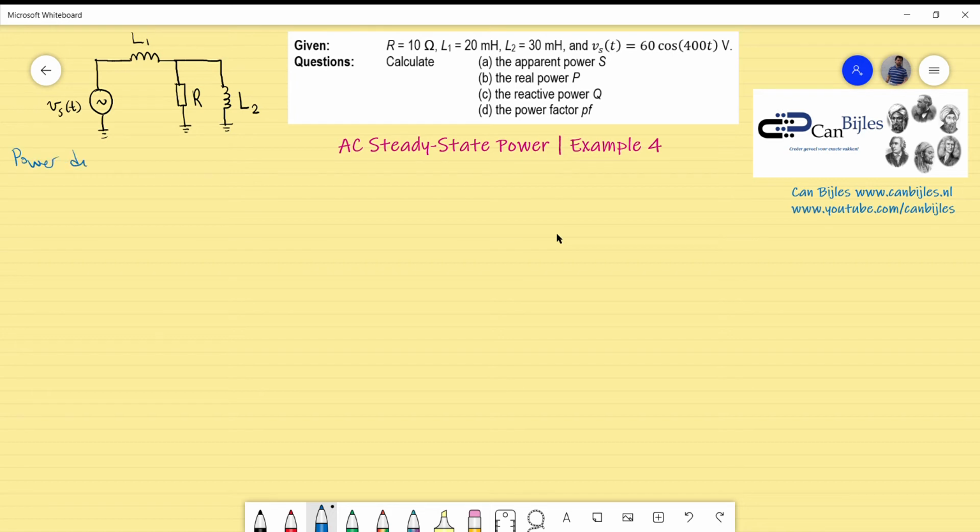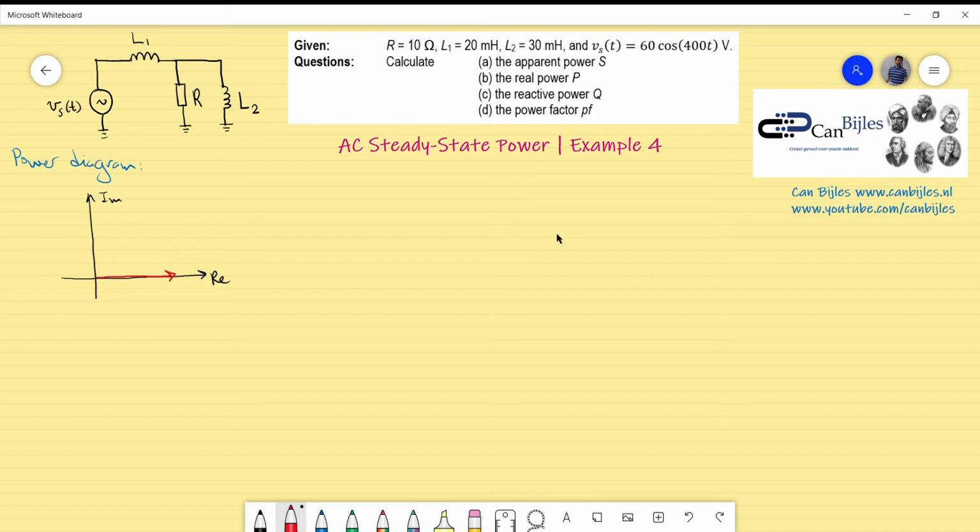So the power diagram. We make a sketch, and since we know this is an inductive system, we already know that the Q, or the reactive power, will be in the positive Y direction. So that's one important piece of information.